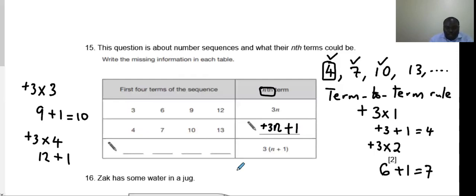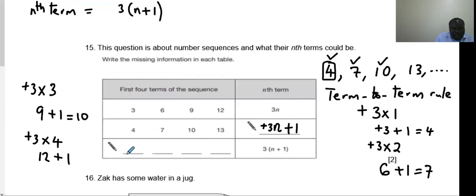I hope that helps. Then we have to use the nth term to calculate the first term, the second term, the third term, and so on. So this I'll be writing somewhere here. We have the nth term equals 3 times n plus 1.